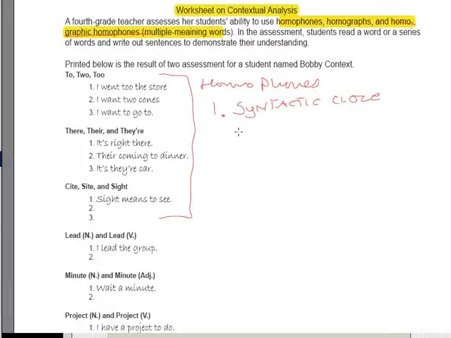Syntactic close activities would be like you have a sentence: I went blank the store. And let's say that we're working on 2, 2, and 2, which were the problems right in here. You know that that space grammatically right here demands that we put in a 2, a preposition. For context, you would do something like this. You'd use a semantic close.